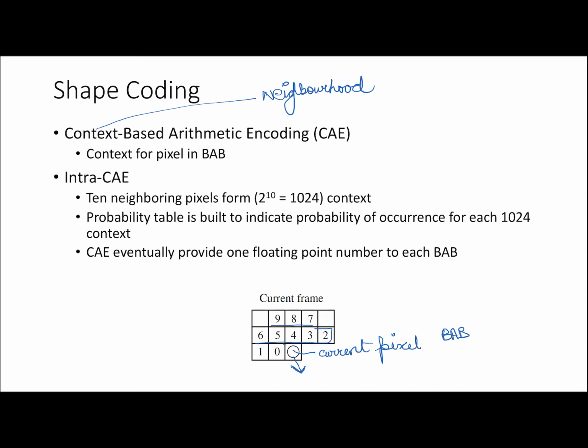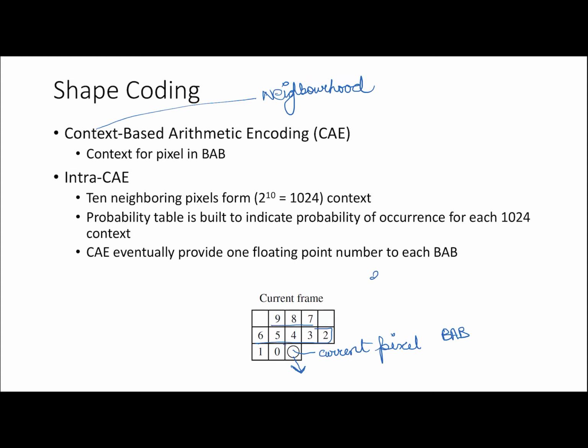Now in shape coding also we have two modes, intra and inter. In intra CAE mode, when only the target alpha map is involved, we take 10 neighboring pixels, numbered 0 to 9, in the same alpha map as the context.